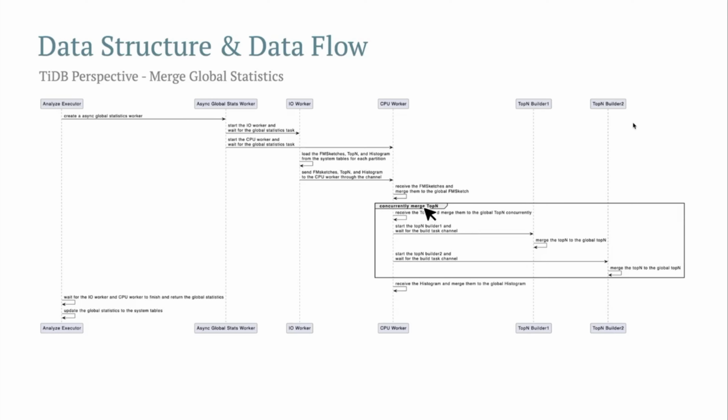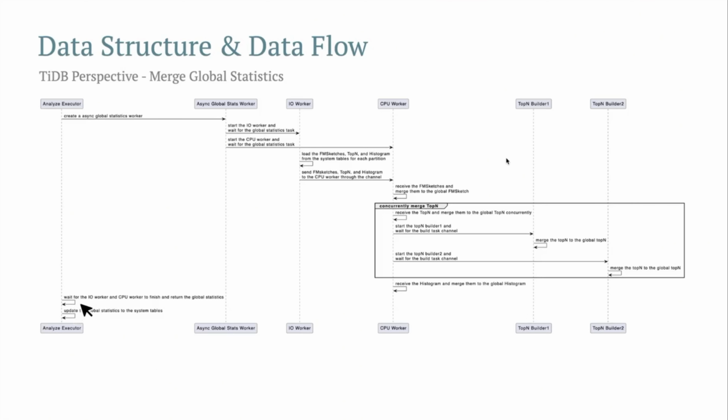And for the others, like the FM sketch and the histogram, we just merge them one by one. After we finish all the merge work, I mean for the FM sketch, aka NDV, and for the TopN and for the histogram, we can put them together and write them back to the system table.